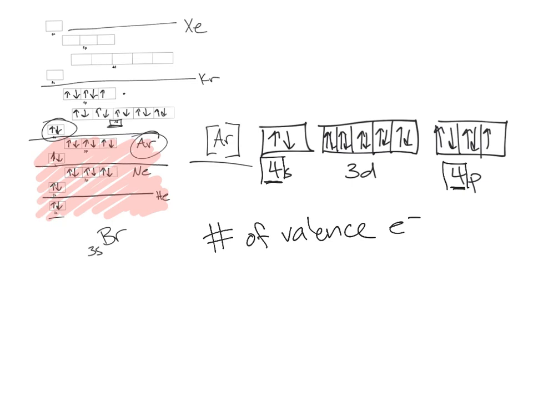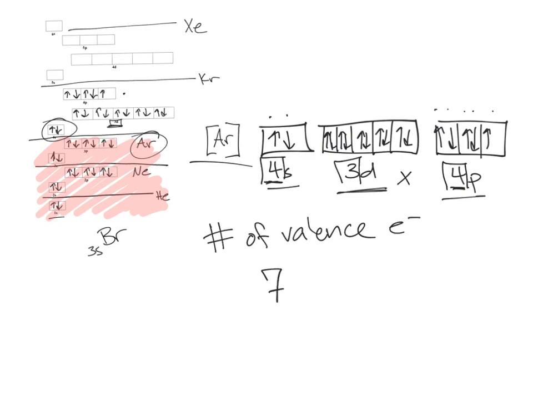And the number of electrons there is the number that's in s plus the number that's in p. So we've got 1, 2, 3, 4, 5, 6, 7 valence electrons in the s and p. This d orbital does not count because it is on level 3.